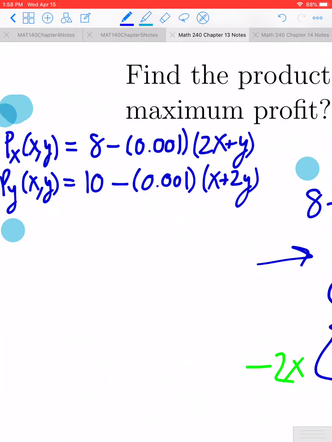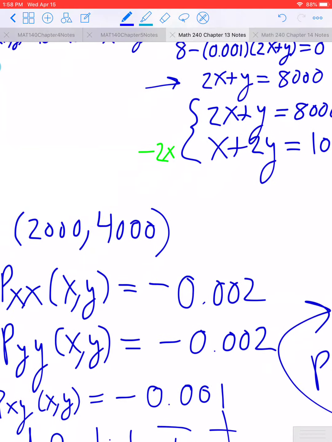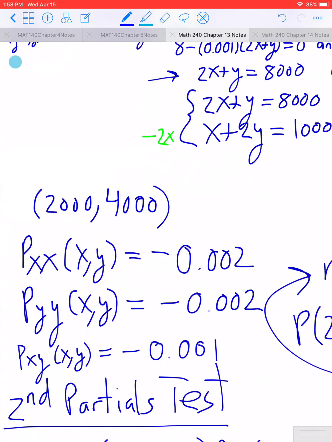We have a constant multiple of that negative 0.001 term, and the derivative of 2x plus y with respect to x is just 2. So the second partial of p with respect to x ends up being the constant negative 0.001 times 2, which gives us negative 0.002.